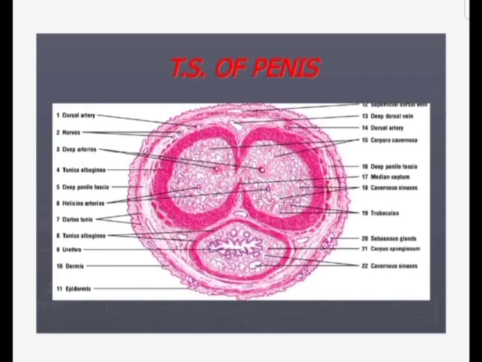The cavernous spaces of the two corpora cavernosa communicate with each other through the gaps in the median septum I have shown. The corpus spongiosum is also surrounded by a fibrous sheath which is much thinner than that of the corpora cavernosa. This is corpus spongiosum. The trabeculae of the corpus spongiosum are also thinner and contain more elastic tissue.